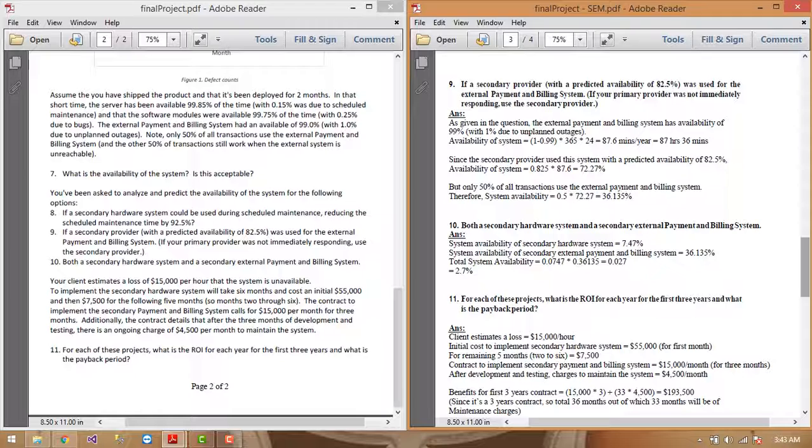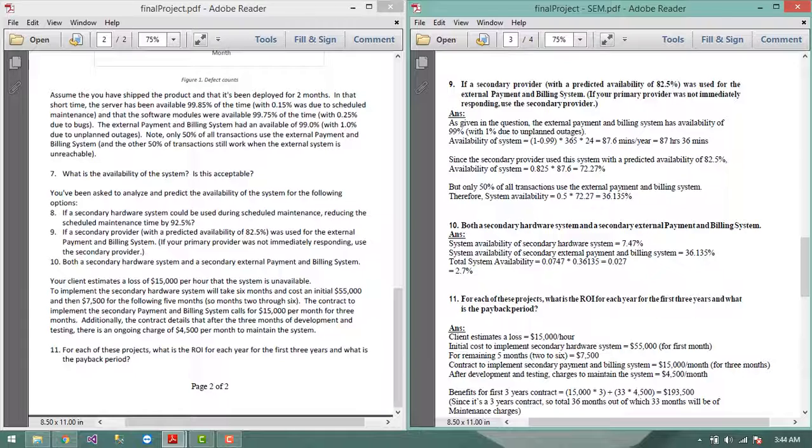And since the secondary provider used the system with the predicted availability of 82.5%, the system availability is equal to 0.825 times 87.6%. Actually, the system availability above should be 87.6% instead of hours and minutes per year. My bad.